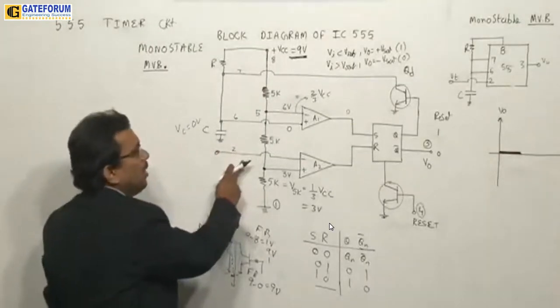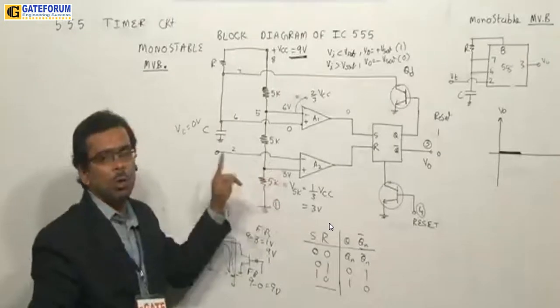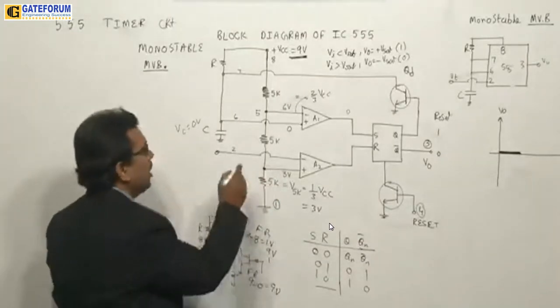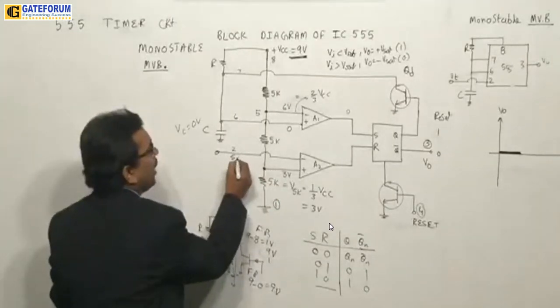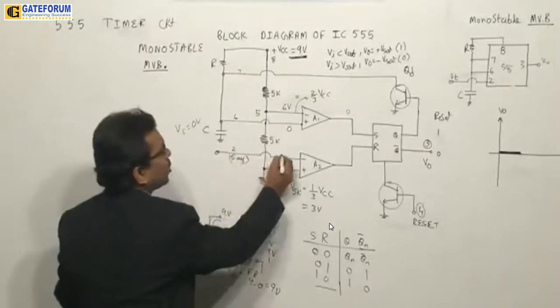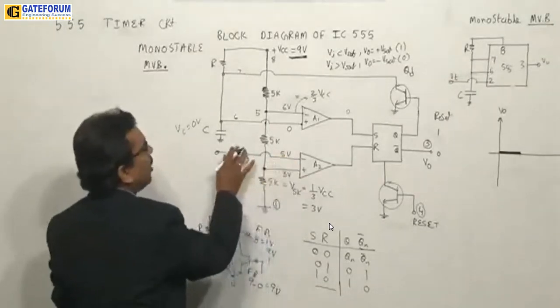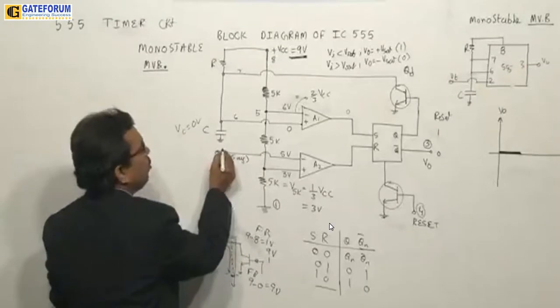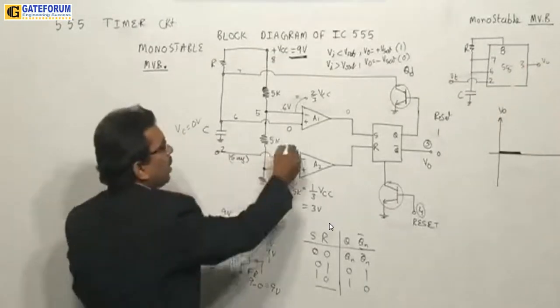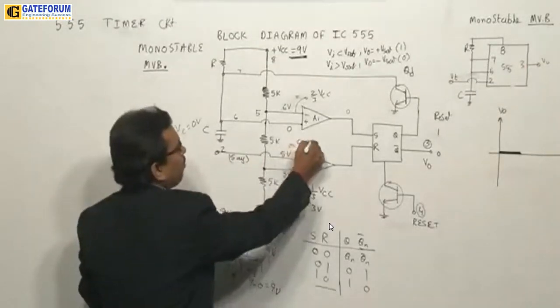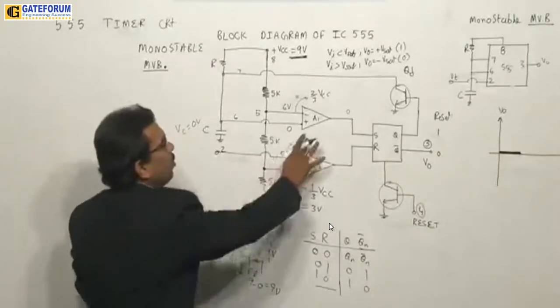Due to that internal connection, this voltage will be maintained greater than 3 volts. Say this point has 5 volts.